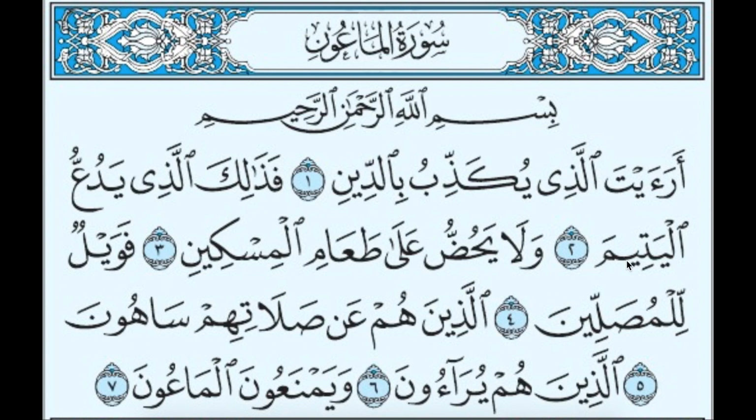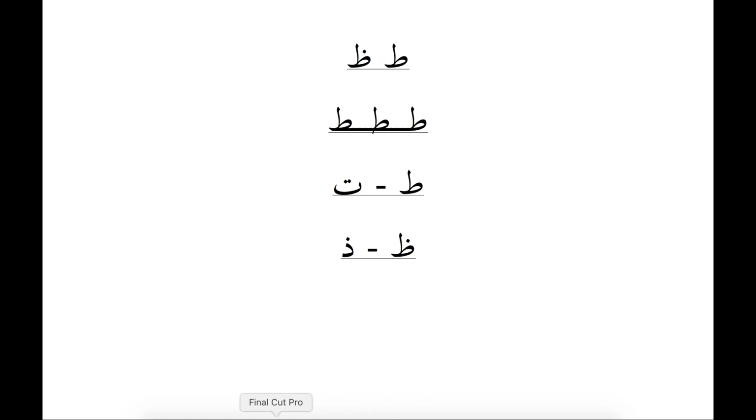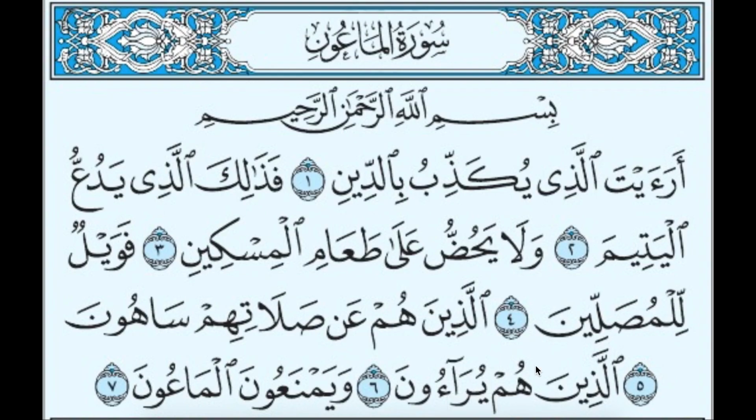Let me jump back to the text so you can see that when I write down the word al-yatim, they're all the exact same size. Part of this is knowing the difference in how the text is actually written. In this case, there's no hole in the meem, no gap inside of the meem. Those are all differences in the way things are written.